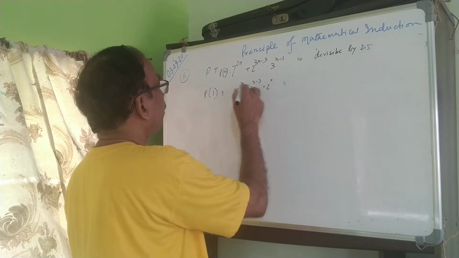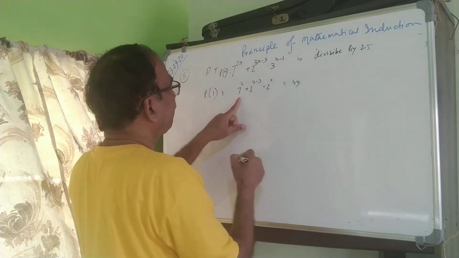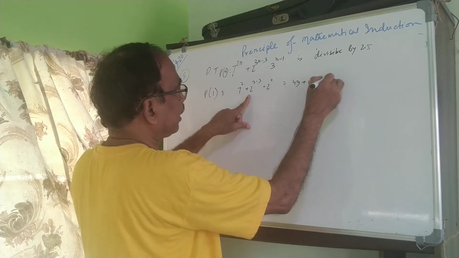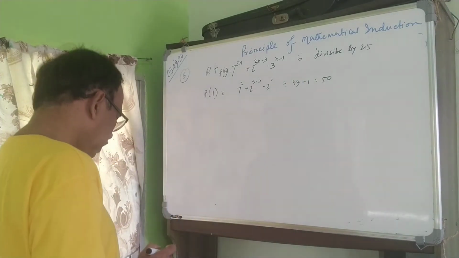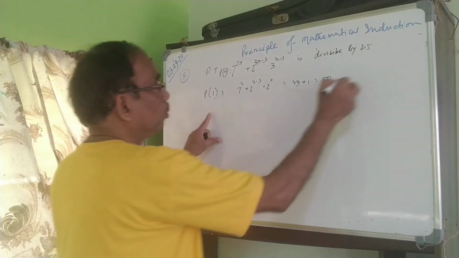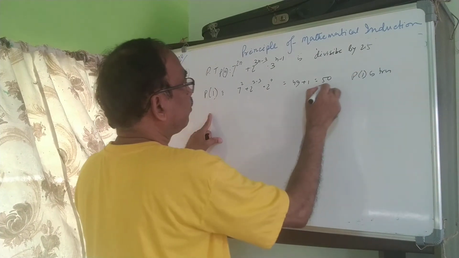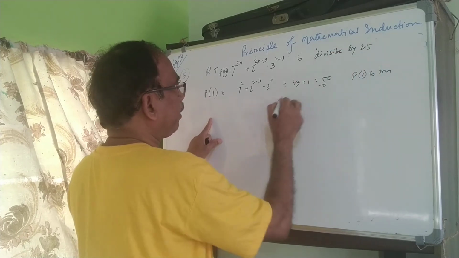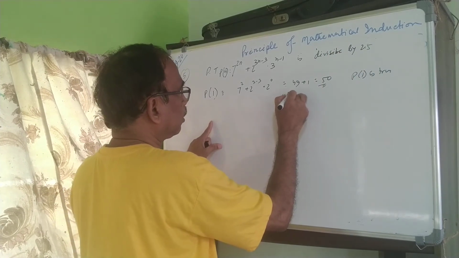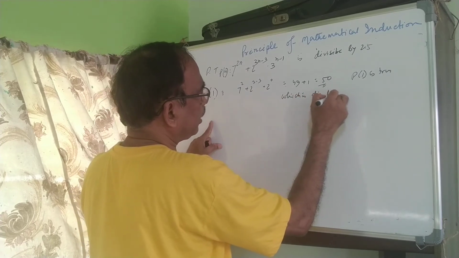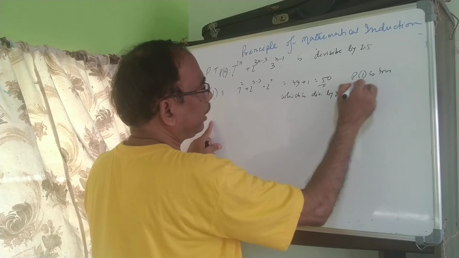That is 7 to the power 2 means 49, 2 to the power 0 is 1, that is 49 plus 1, that is 50. Hence P(1) is true. 50 is divisible by 25, then P(1) is true.